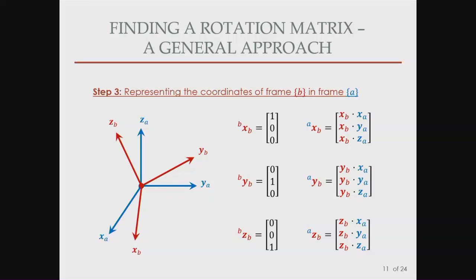And what I have here is just a reminder of X_B being 1, 0, 0, and Y_B in frame B, 0, 1, 0, and so on. Who is with me? You're lost.